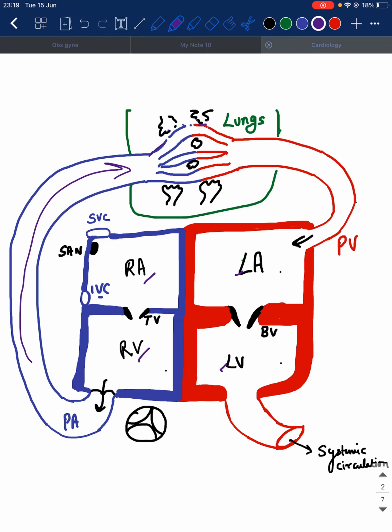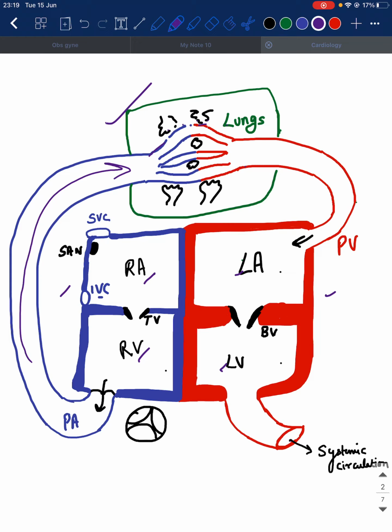The circulation is independent. Right side and left side circulation is independent of each other. Correct? So we have four chambers. We have two different circulations, and another circulation is the pulmonary circulation. Correct? In the lungs.